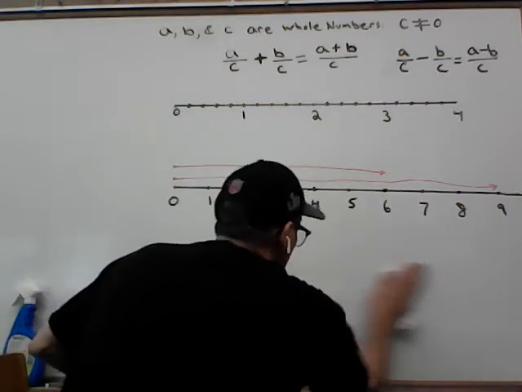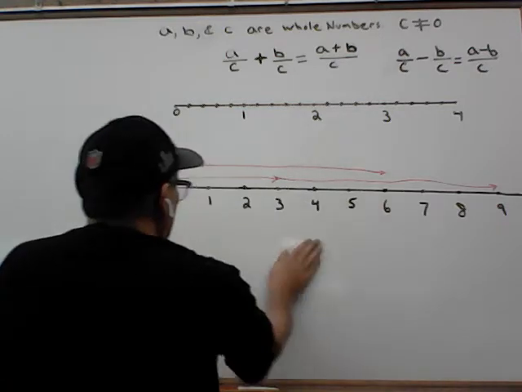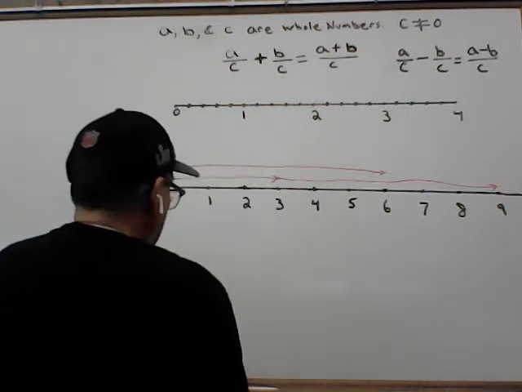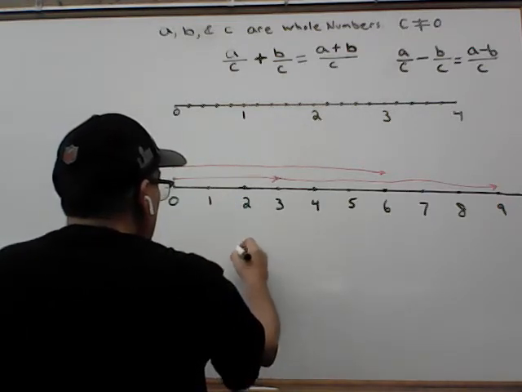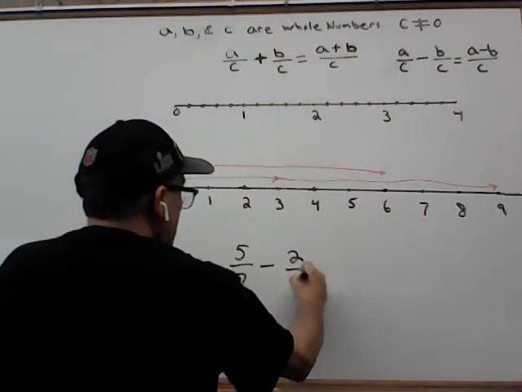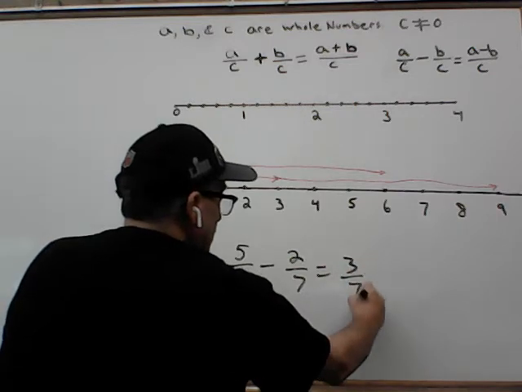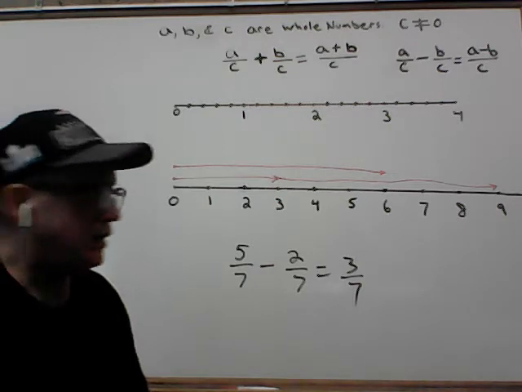I can certainly show you how to do a subtraction where the two denominators are the same. All right, it's not mysterious. It's not hard. 5 sevenths minus 2 sevenths is 3 sevenths. So we'll just get subtraction out of the way.